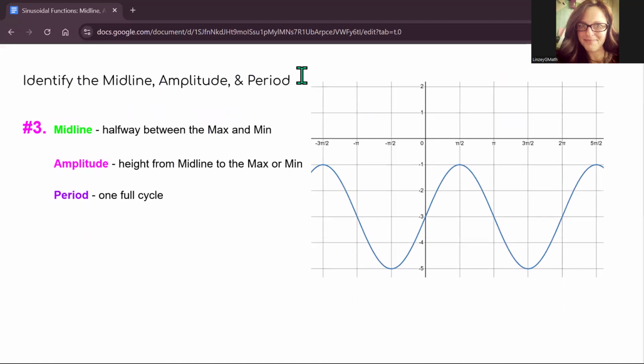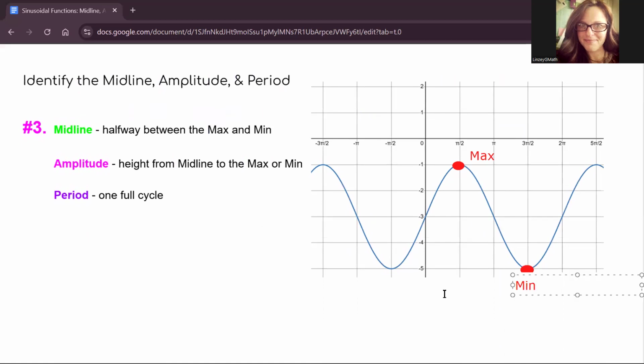Identify the midline, amplitude, and period from the graph. First, I notice that we have a maximum height at -1 and a minimum height at -5.